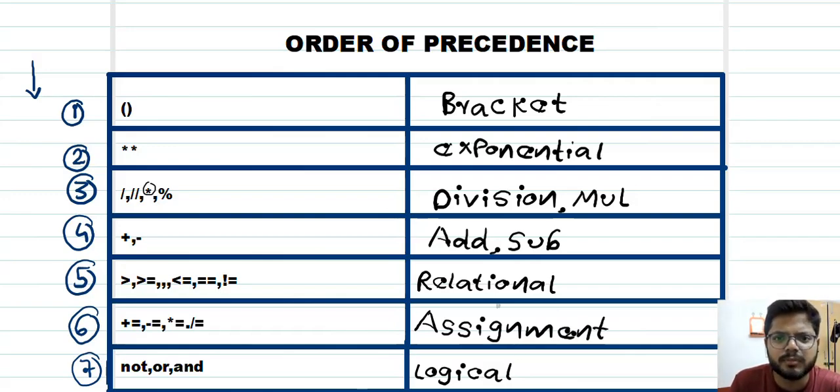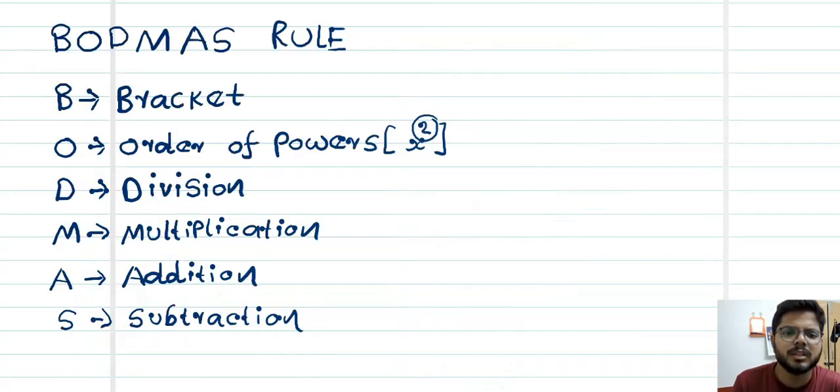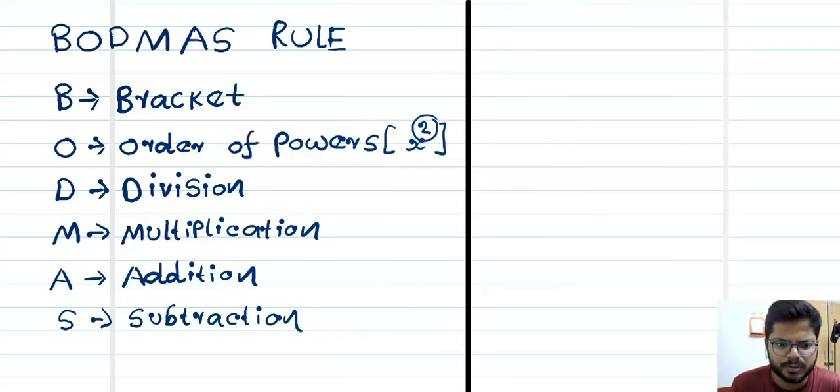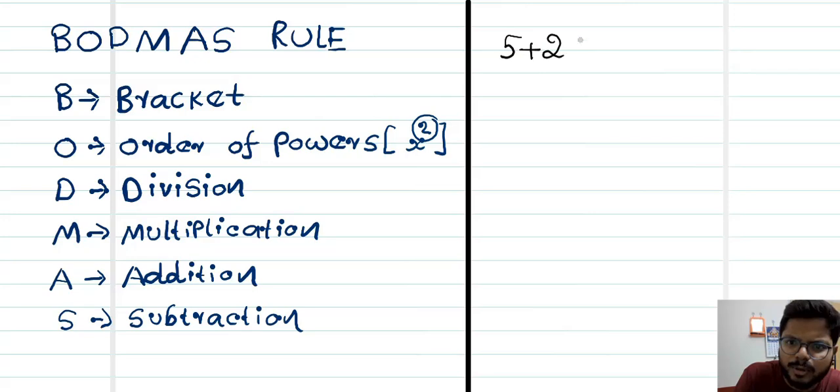Suppose, for example, we will discuss with an example now, so you will get more clarity. Now assume that I have given 5 plus 2 into 5. Now guess how this operation will work.